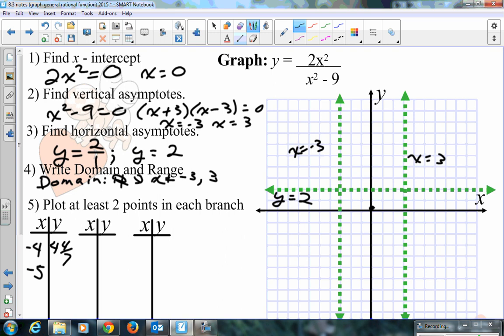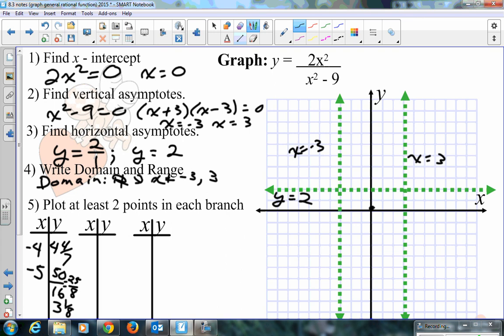Okay, so let's try negative 5. So I've got negative 5 squared is 25 times 2 is 50 over, okay, 25 minus 9 on the bottom is 16. So that would be 25 over 8, which gives me 3 and 1/8.